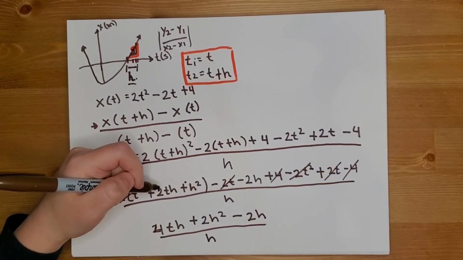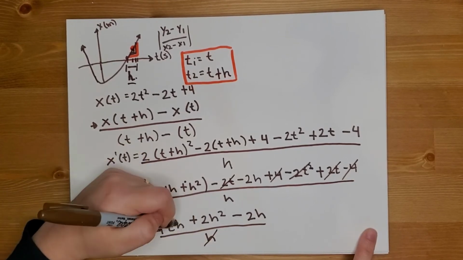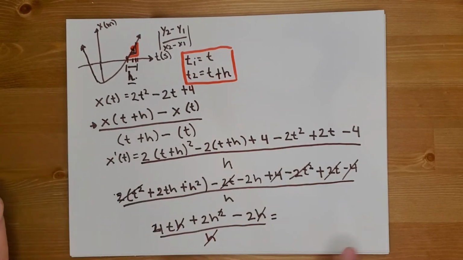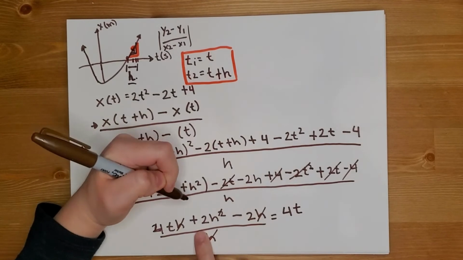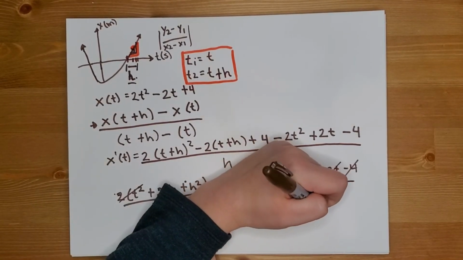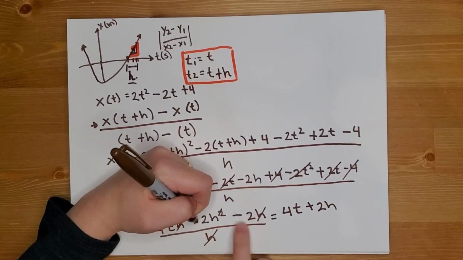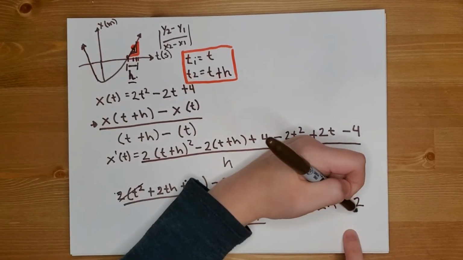The good thing about this is that we have h in every single term, so we can just delete the h, this h, and this h. So here we get 4t plus 2h, because we had an h squared, we're just taking one h out of that term, and minus 2, because we don't have the h anymore.